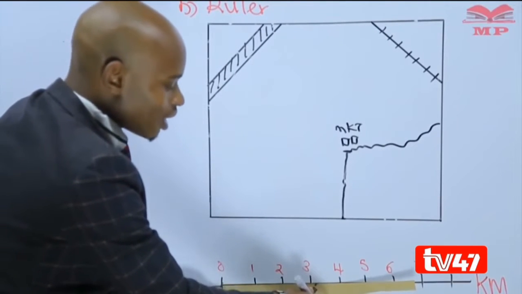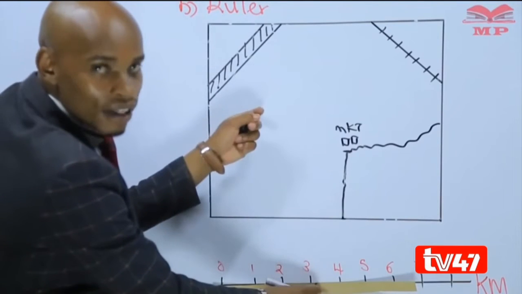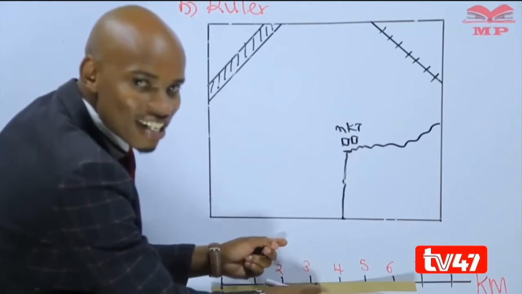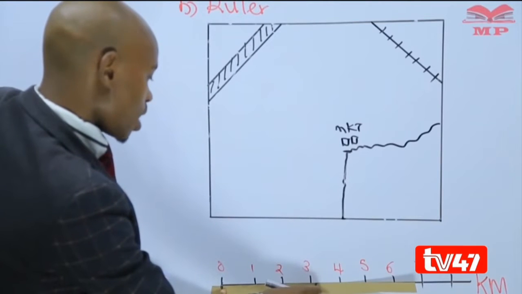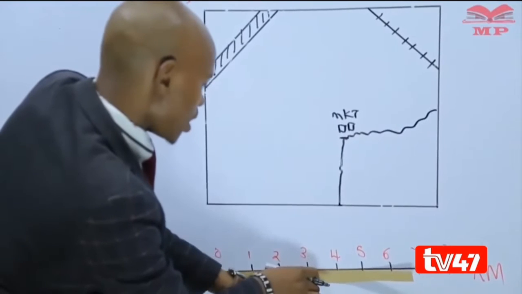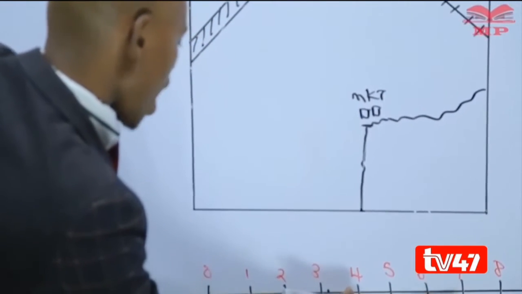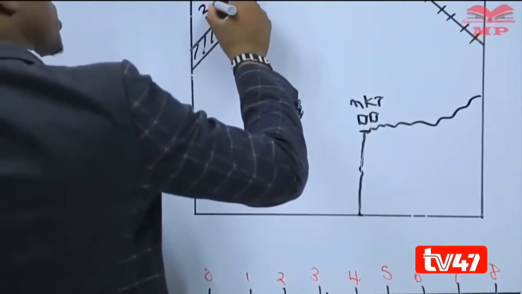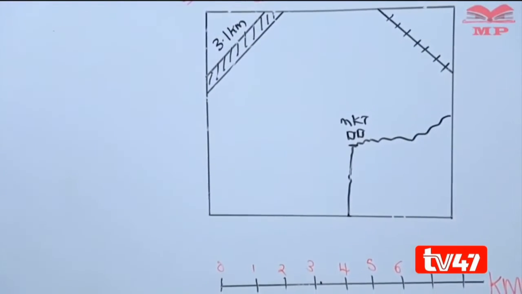Because the scale is the one that will translate the readings on the map to the actual reading on the ground. So according to this one it is 3.1 kilometers. So this is approximately 3.1 kilometers on the ground.